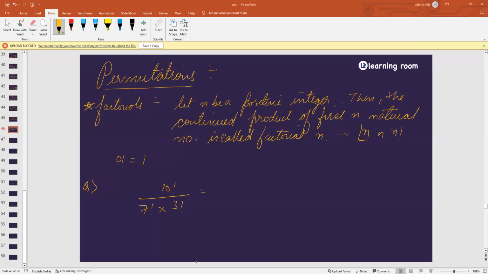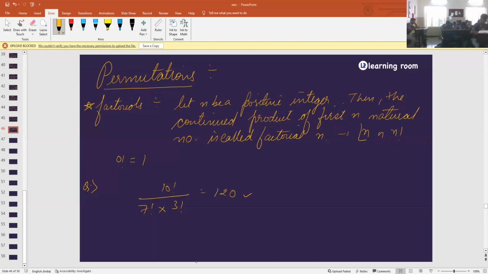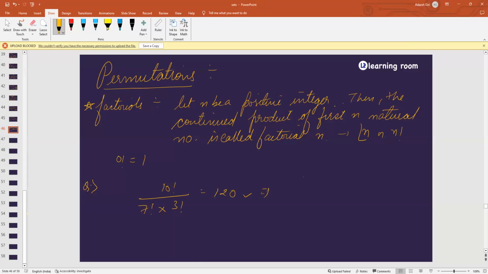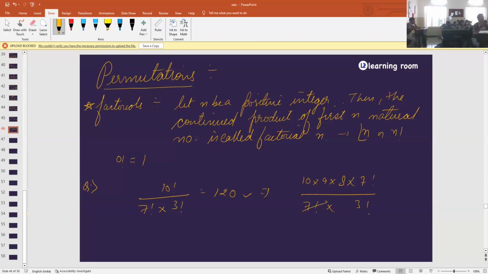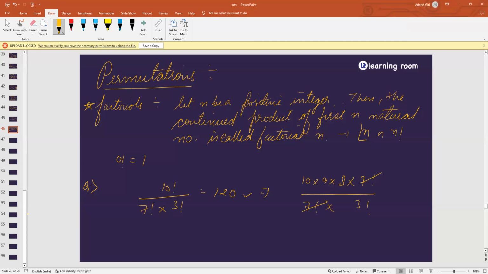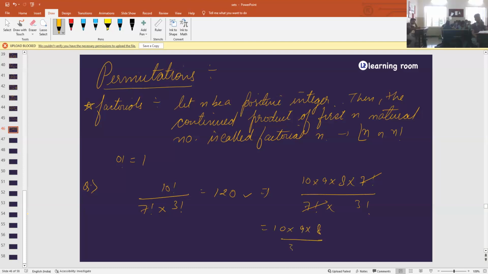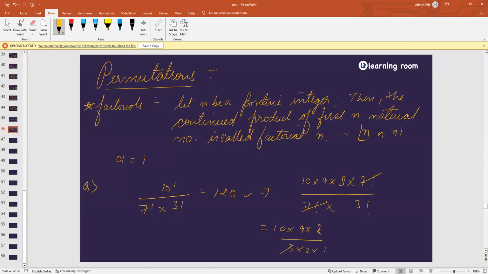Very good. 120 is the correct answer. Okay. How to do that? Easily, you can write 10 into 9 into 8 into 7 factorial divided by 7 factorial into 3 factorial. So 7 factorial can be cancelled out from here. 3 factorial is nothing but 3 into 2 into 1. So 720 divided by 6 will become 120. Right?